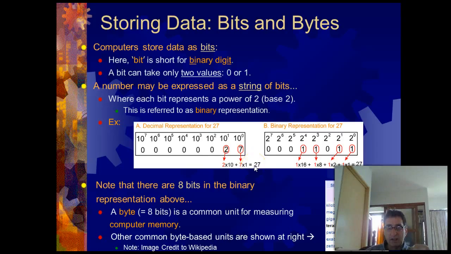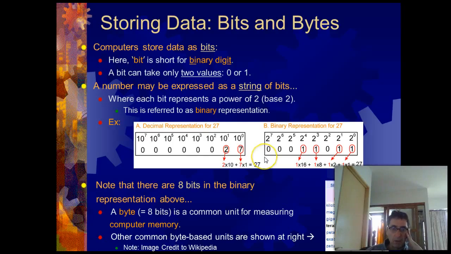And if I had 6,527, I could say that's 6 times 1,000 plus 5 times 100 plus 2 times 10 plus 7 times 1, and so on, right? This is called the decimal representation of the number. So 27 is a decimal representation.